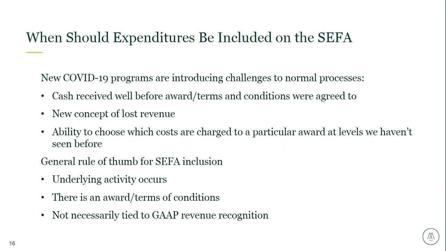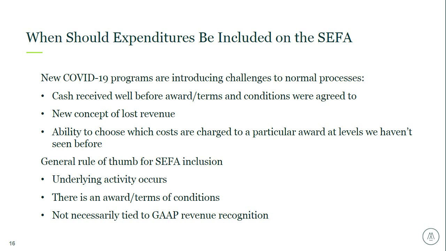Next, let's talk a bit about when the COVID-19 funding expenditures should be included on the CIFA. Many of you have probably already experienced that receipts of the new COVID-19 funds are introducing new challenges to your normal processes.